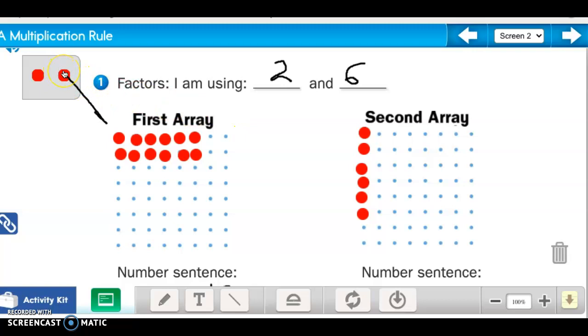And then 1, 2, 3, 4, 5. So this time I did 6 rows of 2.